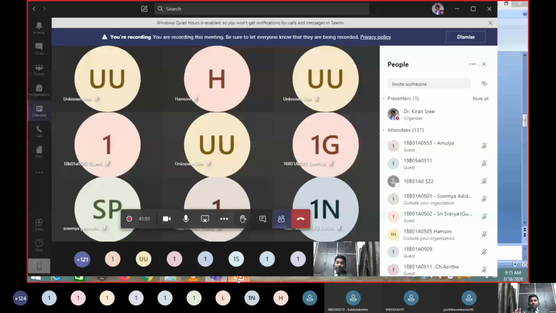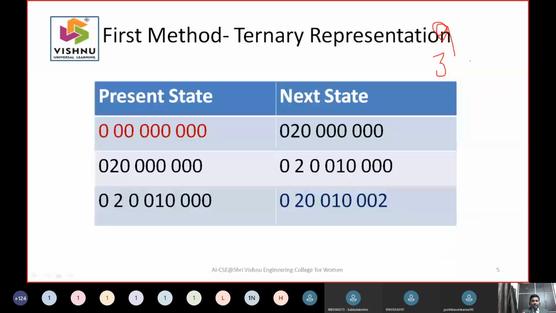When your computer has to implement this tic-tac-toe game in terms of ternary representation, it needs to represent this many states, 3 power 9, which comes to around 19,600. So every time you move from one state to another, you have to check where the other state is and find out where the next state is.